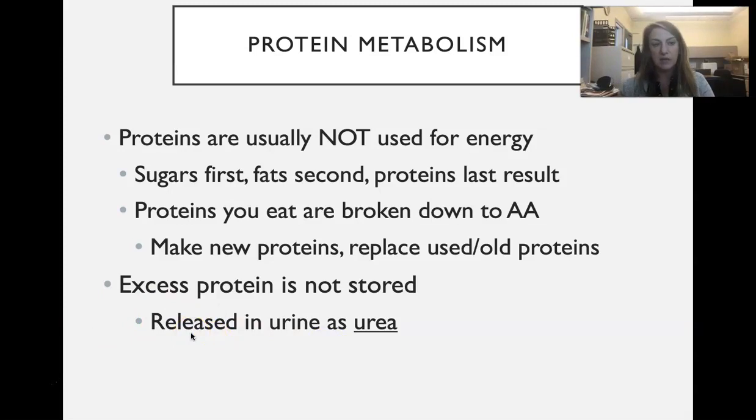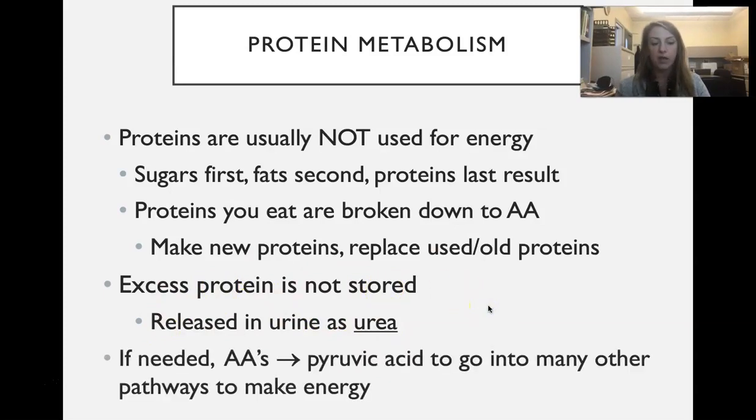And so what happens is people on very high protein diets sometimes have kidney problems because they're producing so much urea from the excess protein and your body can't use all of it. So if needed, if you're at this last ditch result here, amino acids can go into pathways to make energy. Okay, so you do have those three options then for energy.